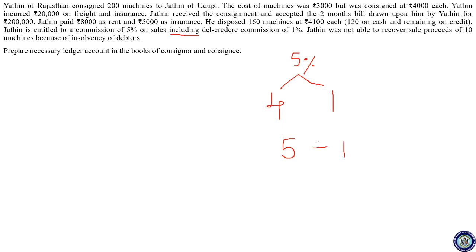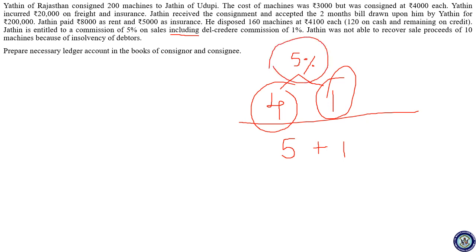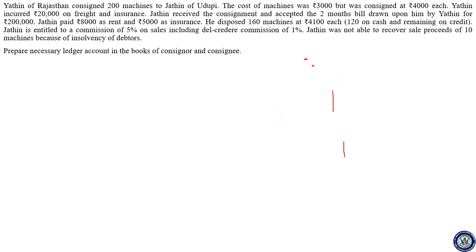So total it comes to 6%. If they give including, then 4% is ordinary, 1% is del credere. It is not that always 4 and 1. You have to see the percentage. So this 5% including 1% del credere means remaining 4% ordinary.